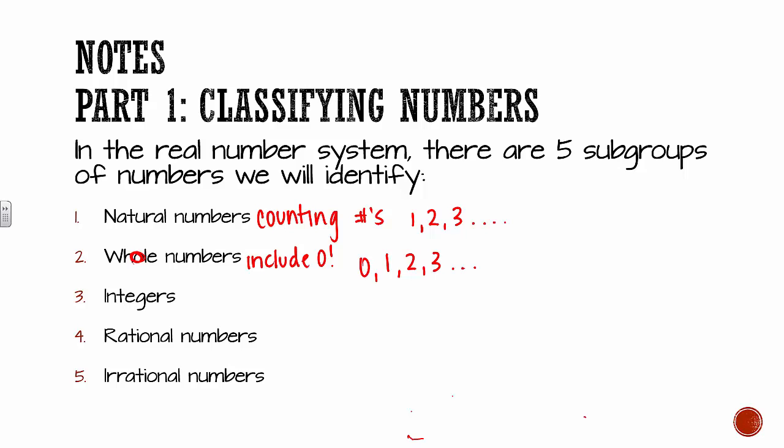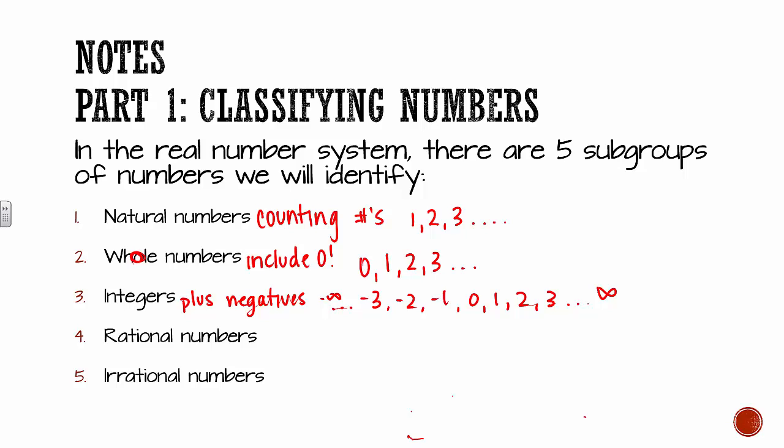Integers are the whole numbers plus negatives. So they start from negative infinity, and then we get to -3, -2, -1. They include 0, and then they start over 1, 2, 3, all the way up to positive infinity.